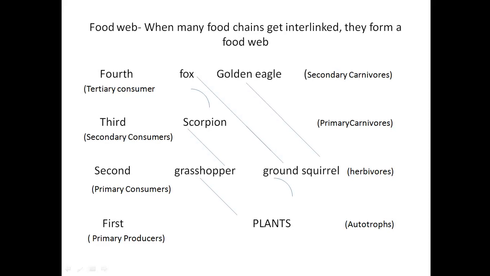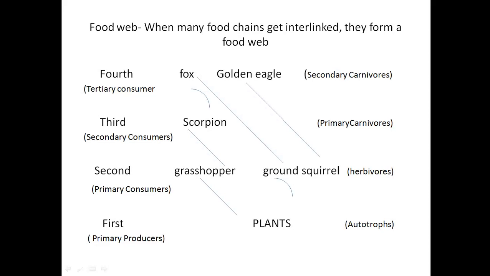This is known in the third level as the secondary consumers, or they are also known as the primary carnivores. One animal eating another animal is also known as a carnivore, but they come under the primary carnivores.